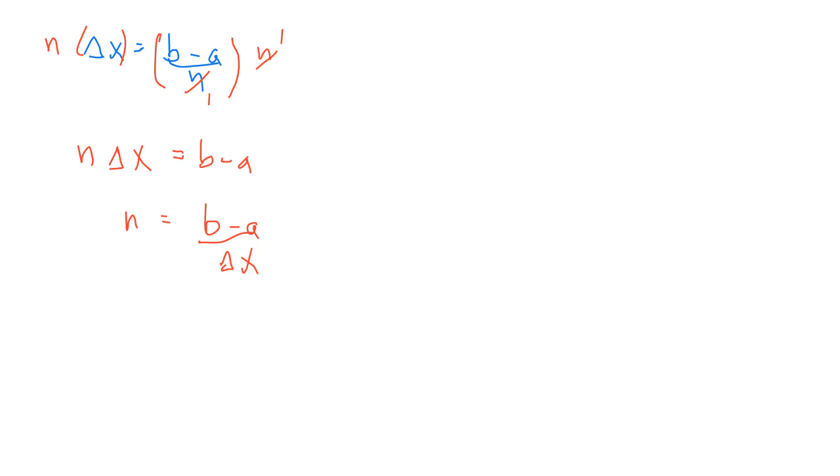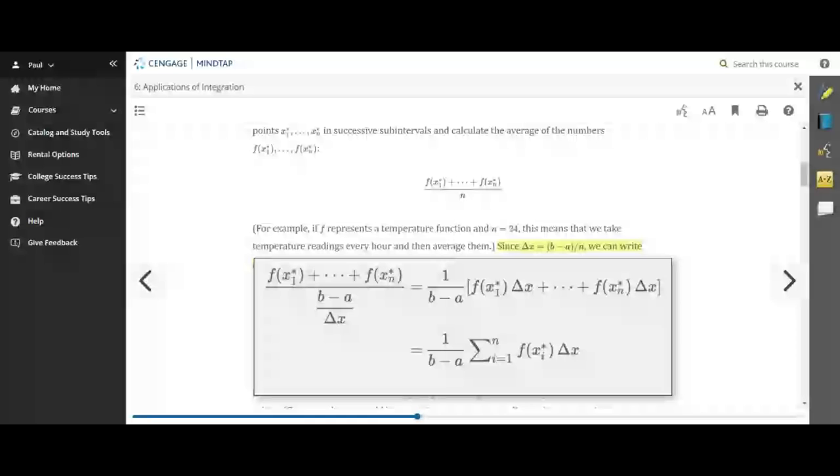So I'm going to take this value of N, which is B minus A divided by delta X, and substitute it in for my average value of my function values.